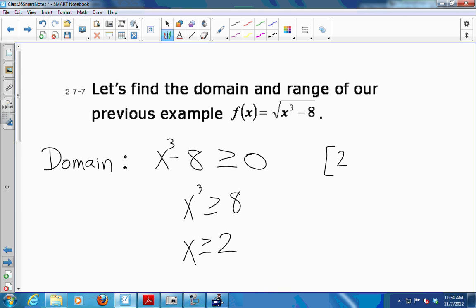So that's my domain, 2 to infinity. All right, what about the range of that function? What kind of y values do I get as outputs when I take the square root of x³ - 8?